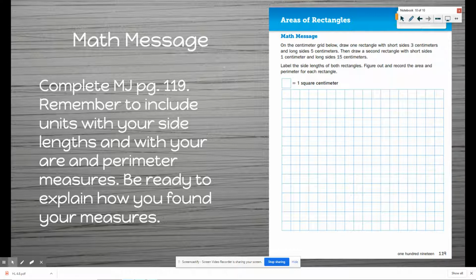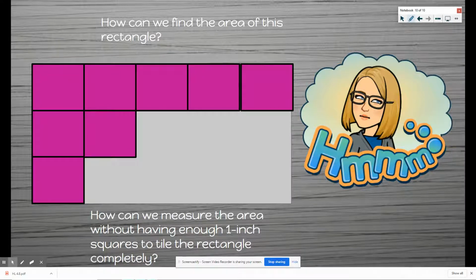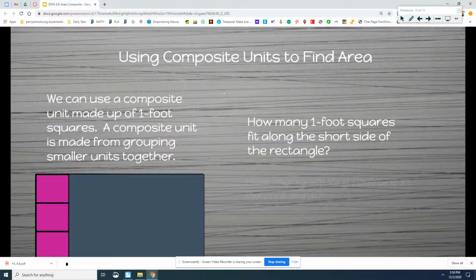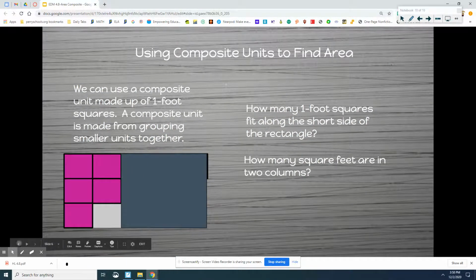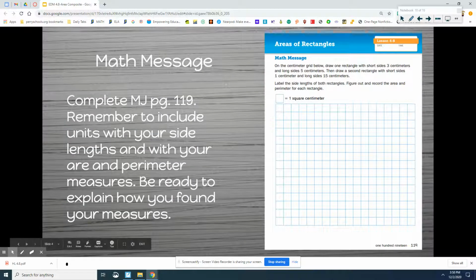Your rectangle with 3 on the short side, so I'm going to say 3. So I'm going to count over 3, 1, 2, 3.